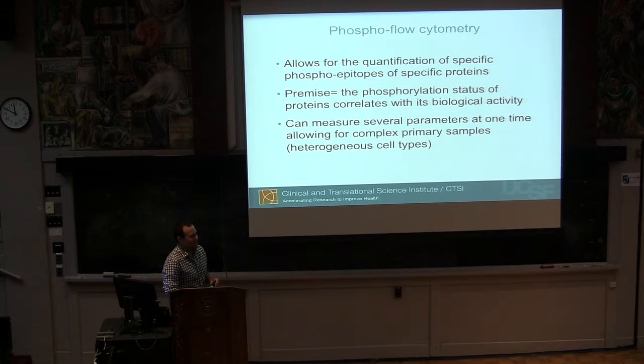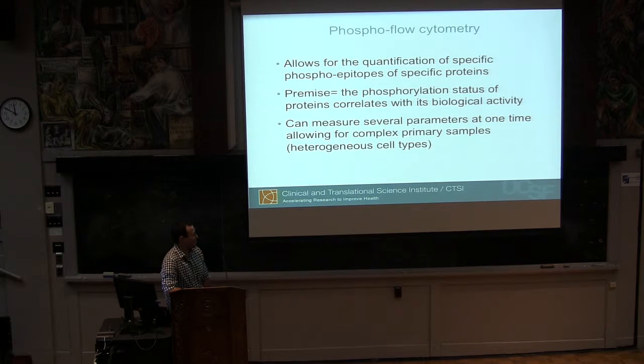So I think what we're going to do in the lab is a lot of phosphoflow cytometry, which we've heard about briefly. The advantage of phosphoflow, and you can't do this with paraffin samples, but we can do it with both our T-cell leukemia patient sample as well as this new cell culture that we hopefully are going to get underway, is that it allows a multiplex analysis of different signaling events.